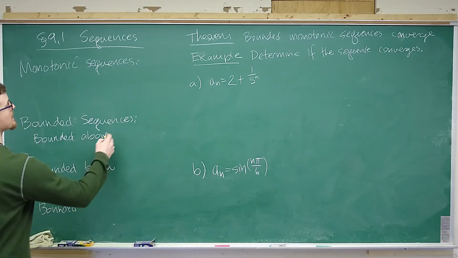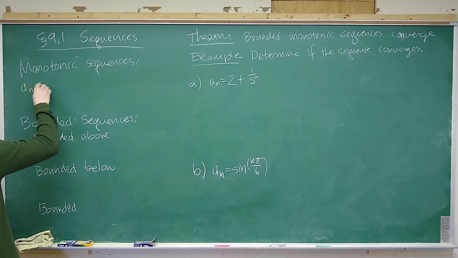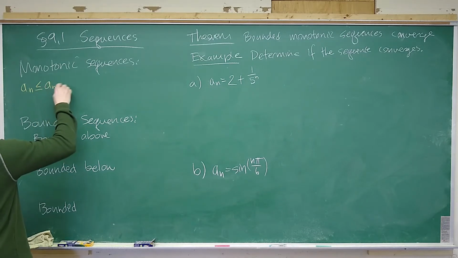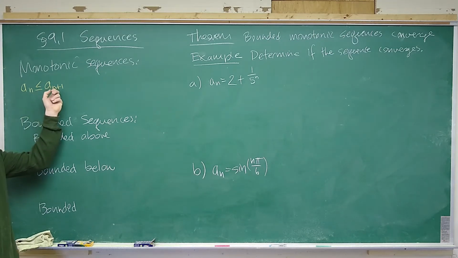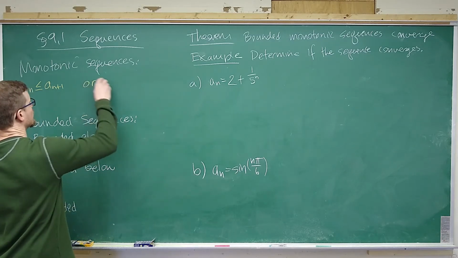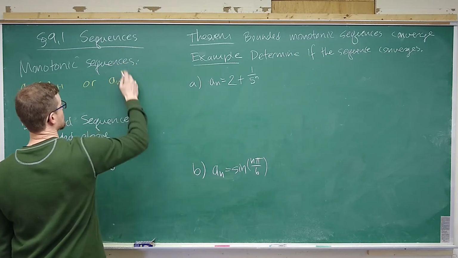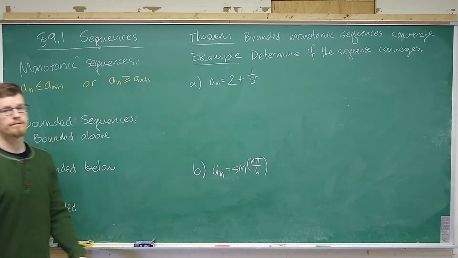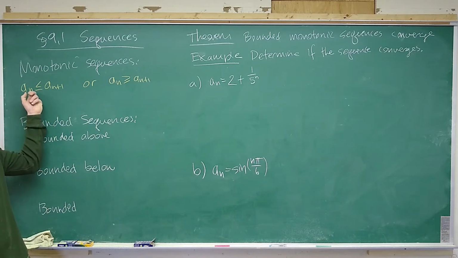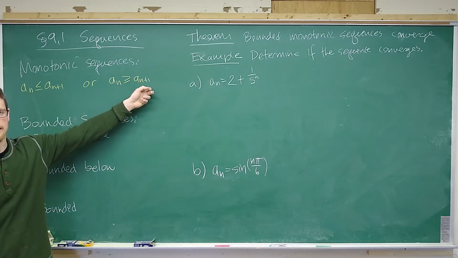A sequence is monotonic if a sub n is less than or equal to a sub n plus 1, so each term is smaller than the next, or a sub n is greater than or equal to a sub n plus 1. So either each term is smaller than the next, or each term is larger than the next.